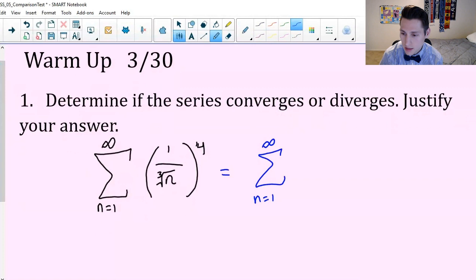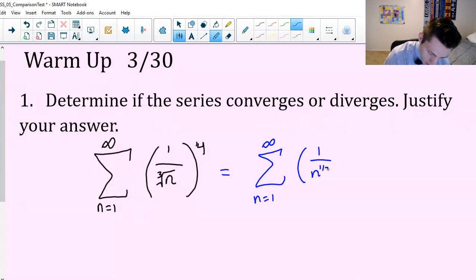Okay, so first thing that I'm going to do is switch that cube root to 1/3.